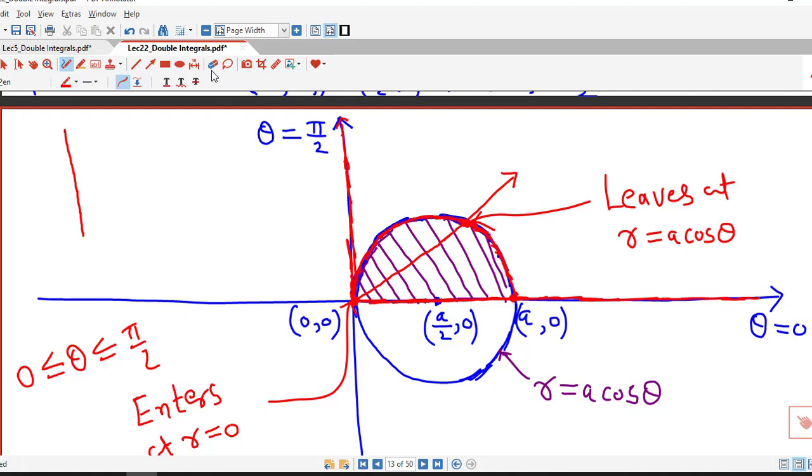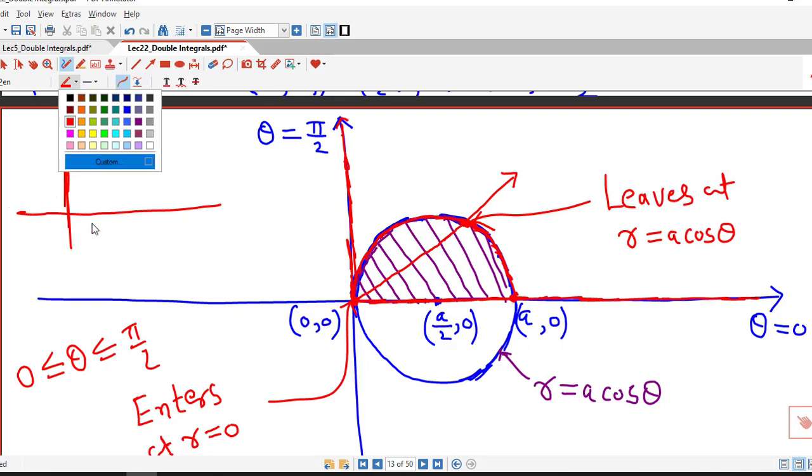Okay, so we cover the region of integration by considering different rays. We can understand in this way also. So this is our region of integration. We are considering a ray starting from theta equal to 0.